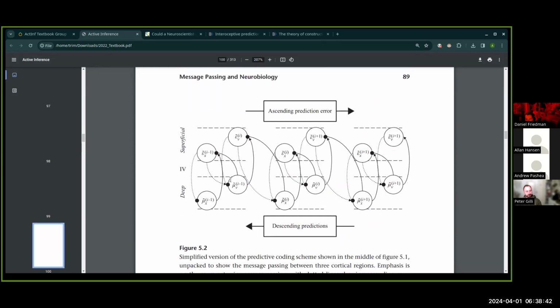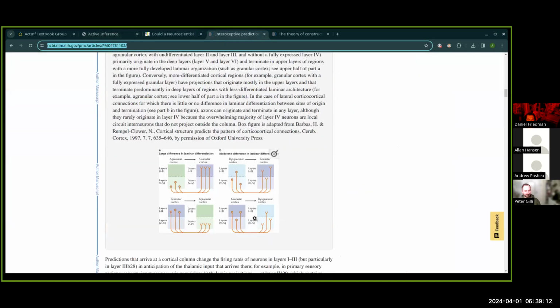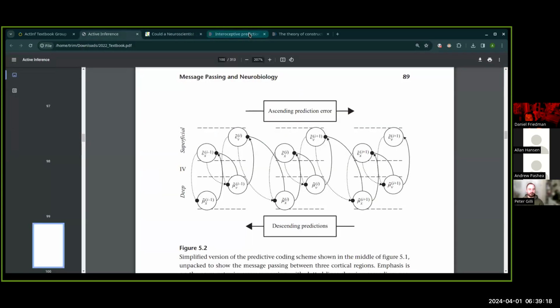If we think about that within a column, there's an interesting way to talk about the relationships among columns, which is that they're arranged side by side in the cortex. Each one of the columns is like one layer of a hierarchical Bayesian model. And then you have lateral connections, which, that was a great paper, Peter, that showed these kinds of lateral connections go between the layers.